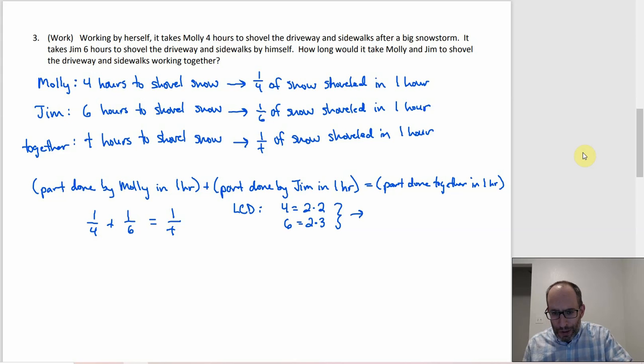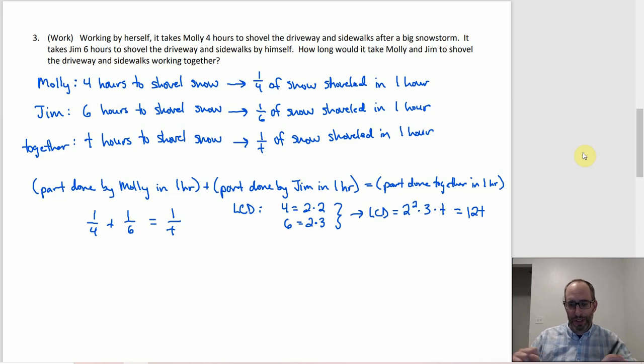So our least common denominator, we would need a 2 squared, because that's in the 4, and we also need a 3, because that's a factor of 6, times t. So 2 squared times 3 times t, that's 12t. You could just use a common denominator of 24t, which is not the least common denominator. It would still work. You would just have more simplification to do later.